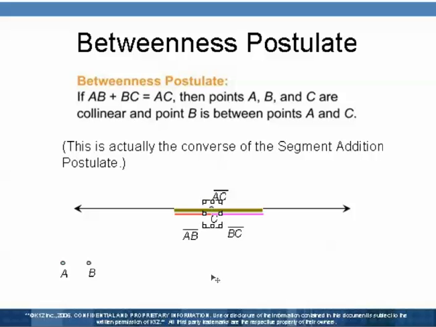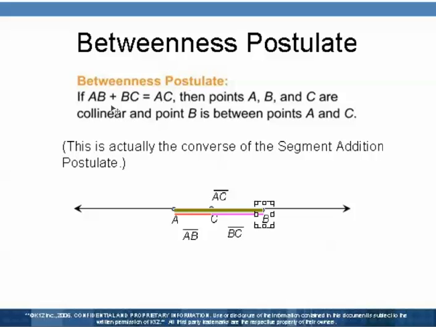So anytime I've got parts of a line segment that I'm adding together, it's called segment addition. If I add the parts together, they're going to equal the whole. So the two parts equal the whole, or what they call here the betweenness postulate.